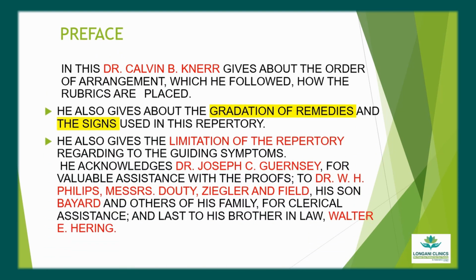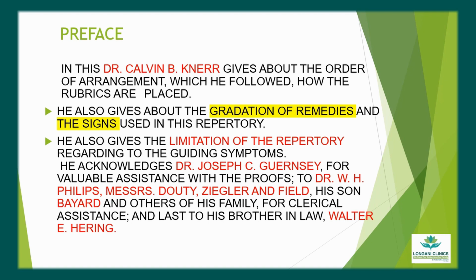Preface. In this, Dr. Calvin B. Nair gives about the order of arrangement which he followed, how the rubrics are placed. He also gives about the gradation of remedies and the signs used in this repertory. He also gives the limitation of the repertory regarding the guiding symptoms.